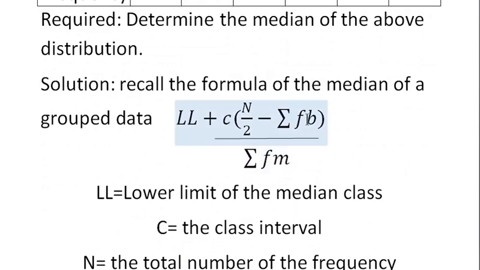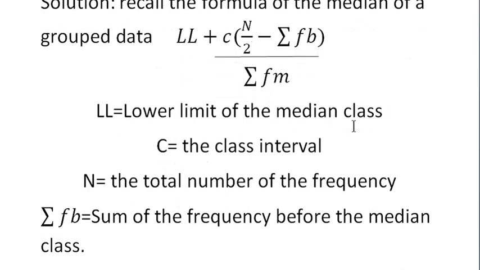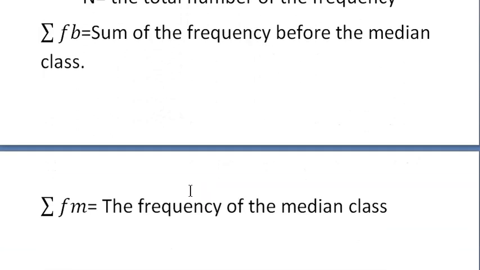The L is the lower limit of the median class, the C is the class interval, N is the total number of frequency, and sigma FB is the sum of frequency before the median class. Then sigma FM is the frequency of the median class.